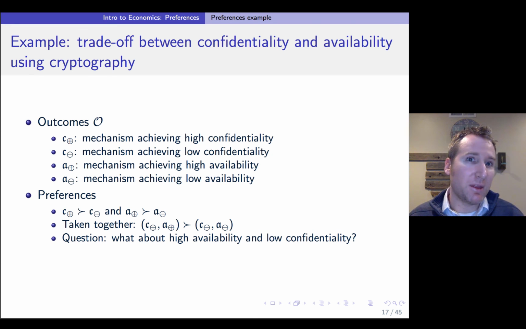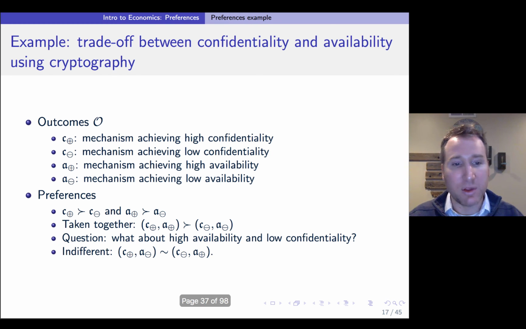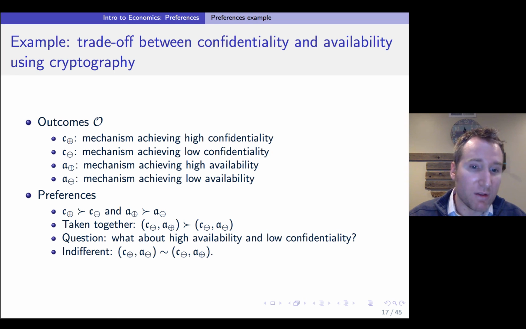But what about the in-between case where you have high availability and low confidentiality? Well, different users may have different preferences there, but another outcome could be that you're indifferent between the two. Let's say you're indifferent between having high confidentiality and low availability, and low confidentiality and high availability.